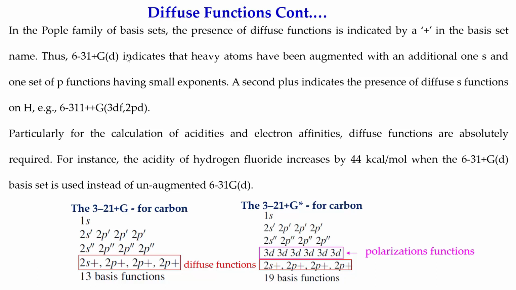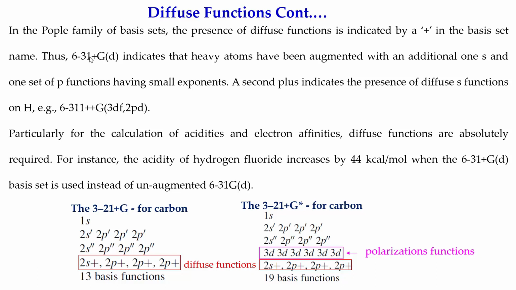For example, 1 star means that you are adding polarization functions for heavy atoms, meaning d functions. But a double star implies that you add polarization functions on hydrogen or helium atoms, meaning p functions. For that, we use either the star or d,p.